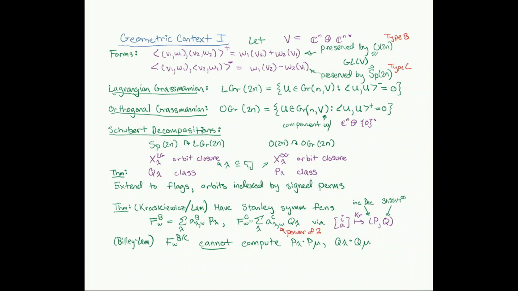And the way that they can prove that is, well, so what's the fundamental issue? You have to know a little about signed permutations. So a signed permutation is an ordinary permutation, except that every number also has a sign.